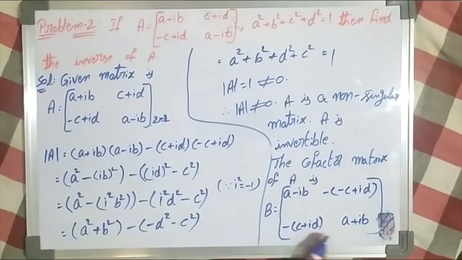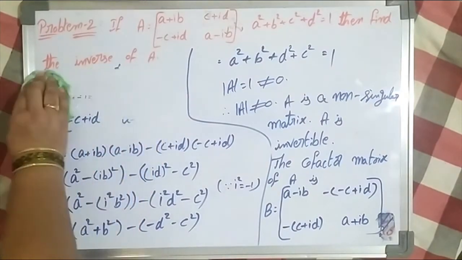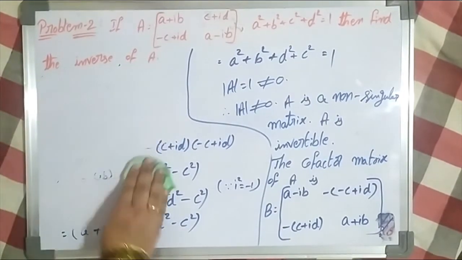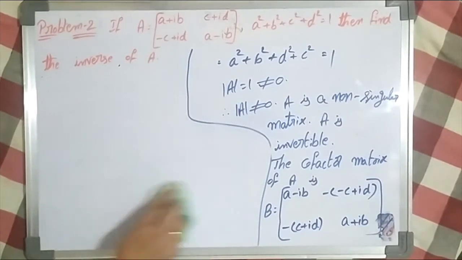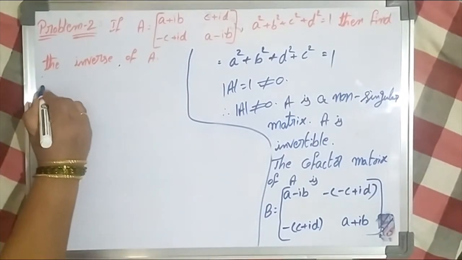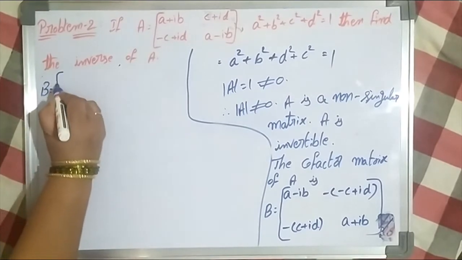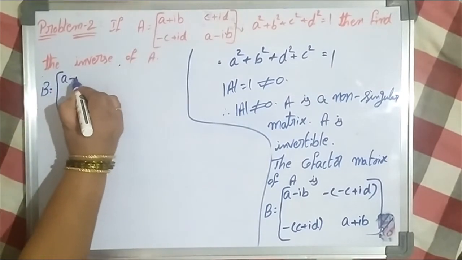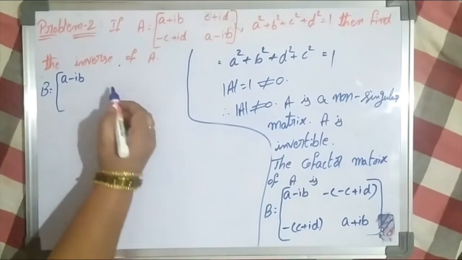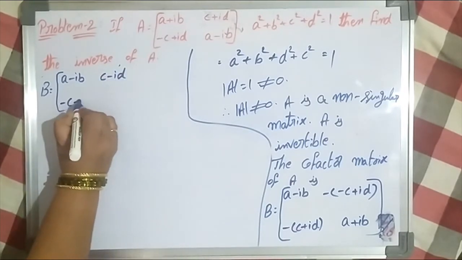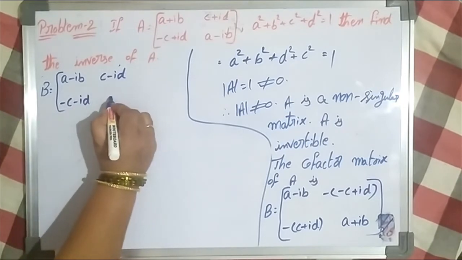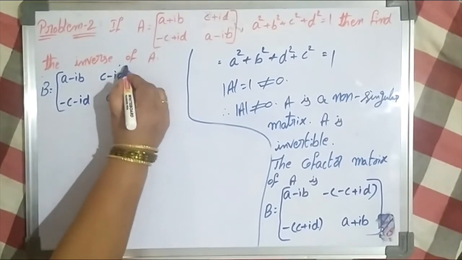By using the same procedure we have already done, the cofactor matrix B equals [a minus ib, minus c minus id; minus c minus id... a plus ib].